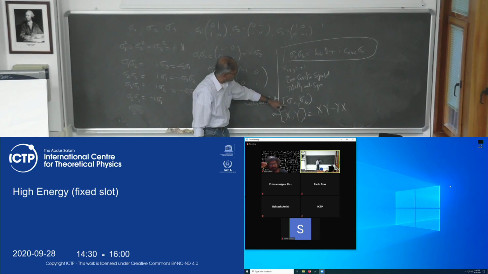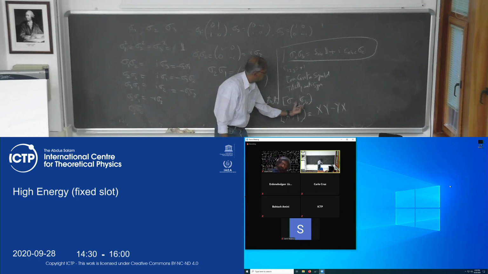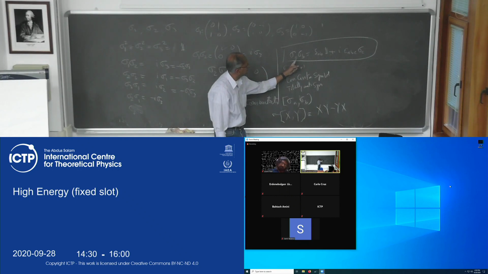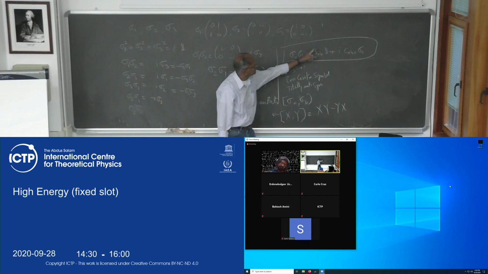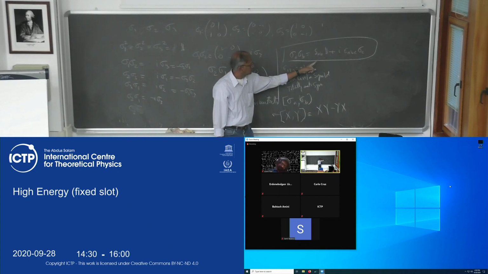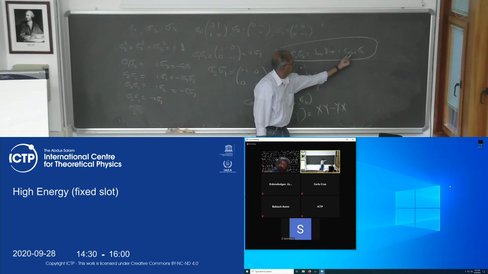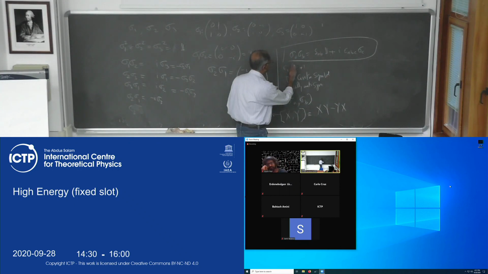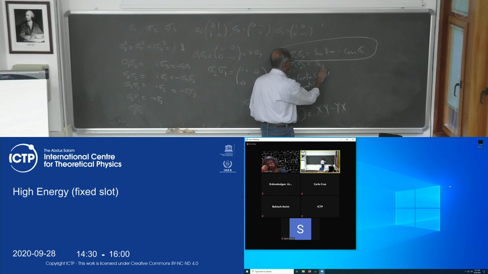So from this equation, it follows that if you take the commutator, which means sigma A, sigma B minus sigma B, sigma A, then when you take the difference, the delta AB times I part cancels. Sigma B, sigma A is equal to delta AB I, which doesn't change.